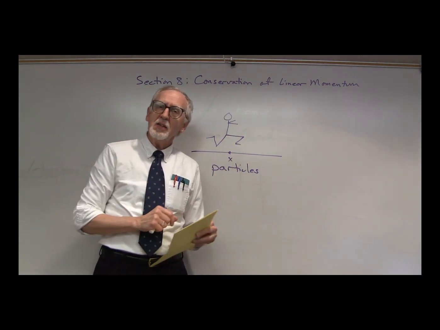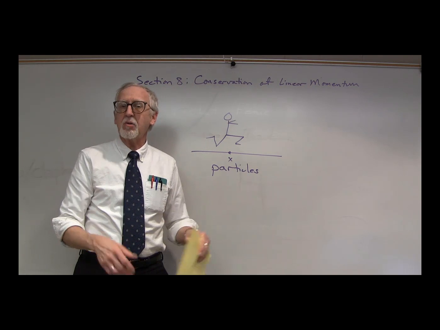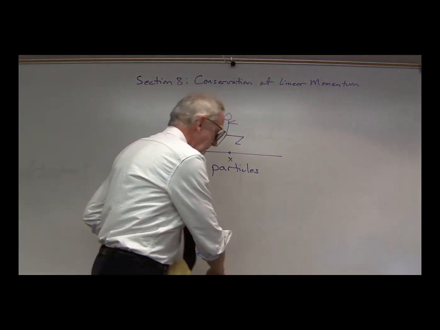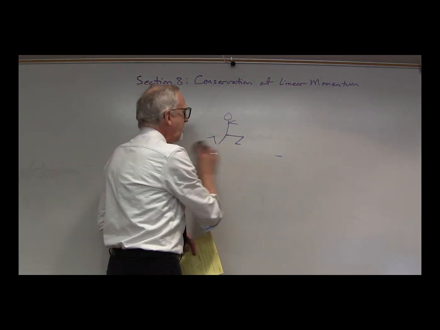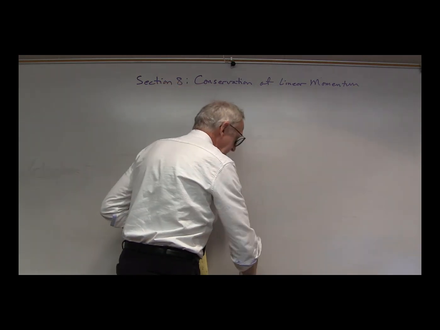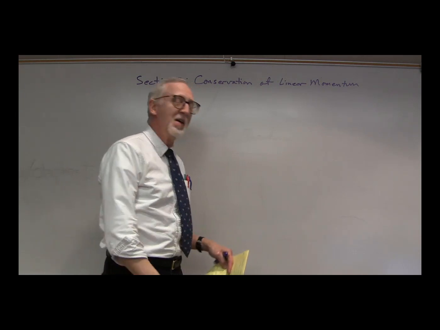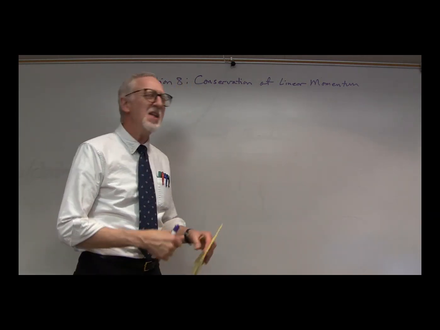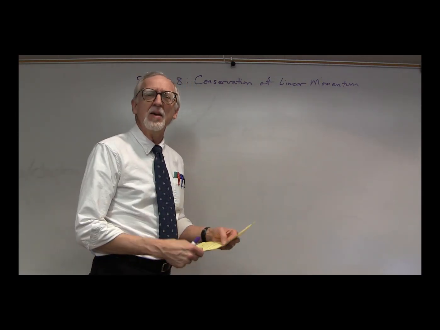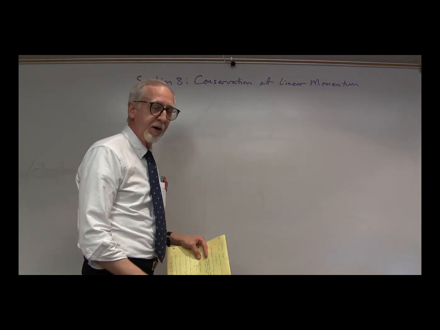Well, let's start thinking about this. How can we actually describe things that are a little bit more complicated, in a little more detail? Rather than talk about things as a single particle, we'll start with two particles. That'll at least make it a little more complicated, and we'll see where we can go from there and generalize as much as we want.